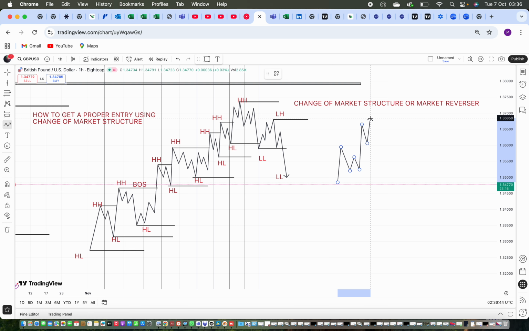Okay, and we came back, went, and what do we see? We saw price give us something like this, and we broke below this structure.